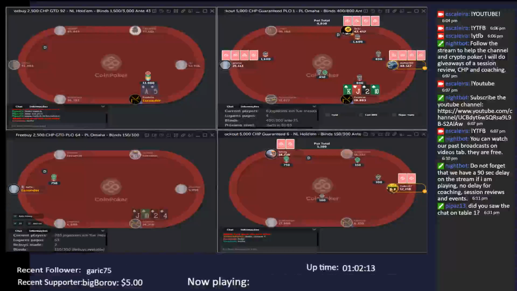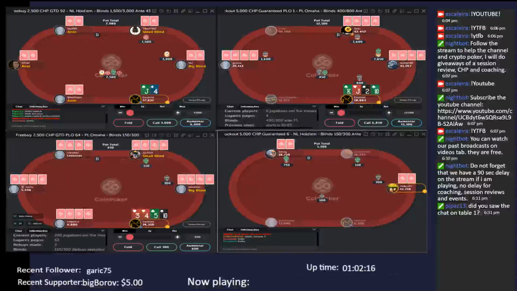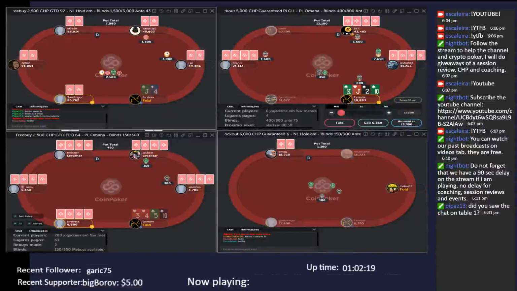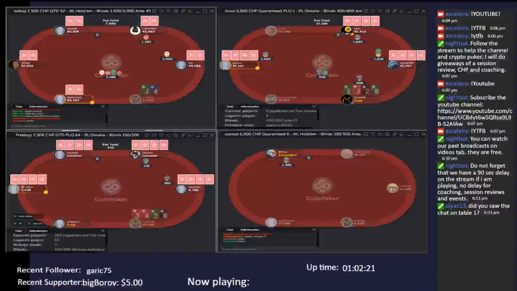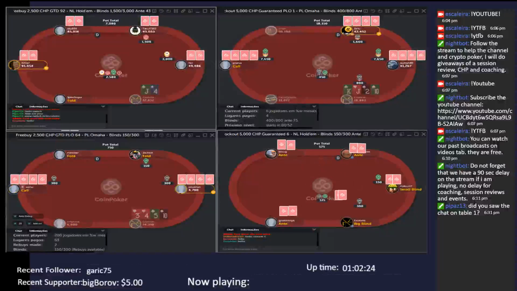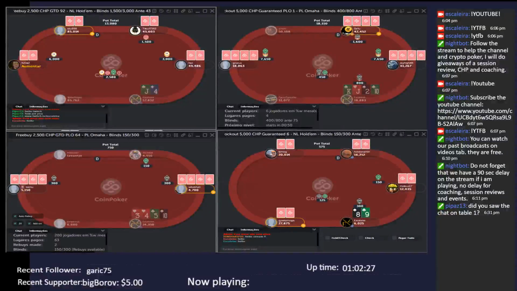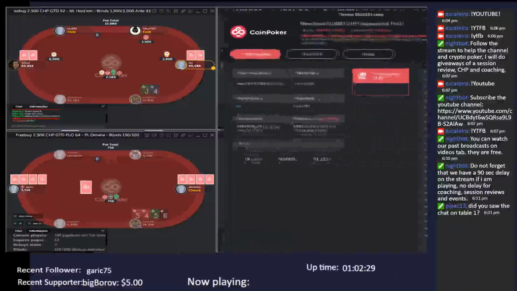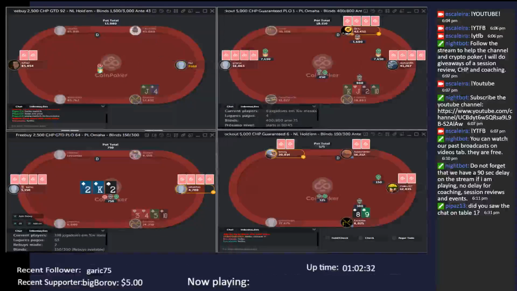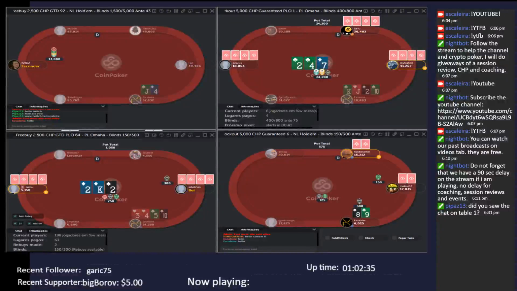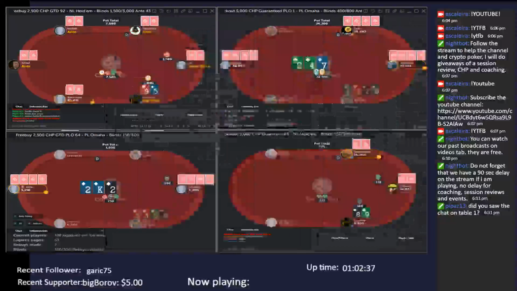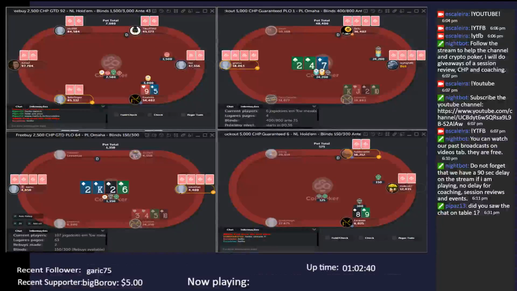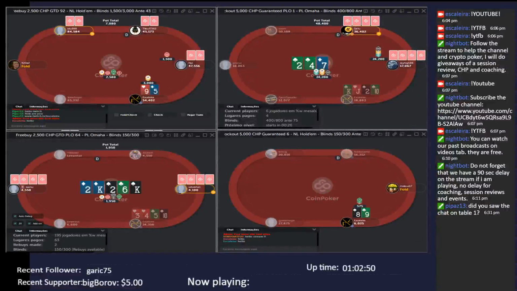So we are just raising here with ace-5 and see what we have. Now we have this guy limping, this guy is jamming, raising pots, and he's doing very well because he has a stack to do it. And now he's limp calling with the small stack, which is not a good thing. And I do think we just have one knockout.